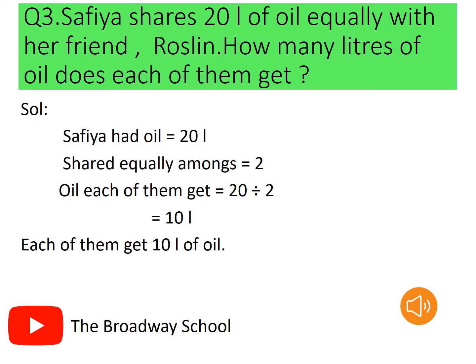Shared equally among is equal to 2. Your third statement will be oil each of them. 20 divided by 2. When you will divide 20 by 2, you will have your exact answer. It will be 10 liter. You need to write your final statements on your book.